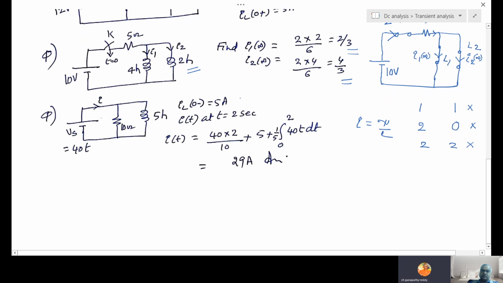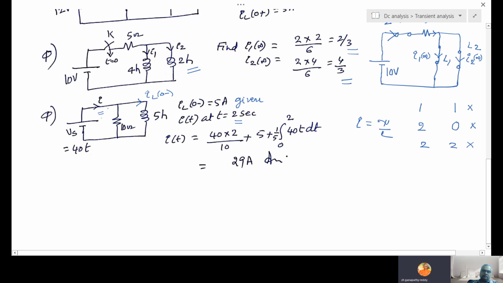IL at 0 minus is 5 amps. So this is the IL. They are asking I of t at t equal to 2 seconds. I is this.